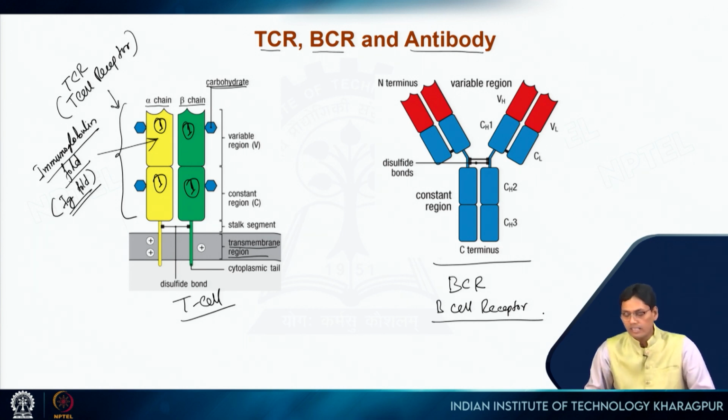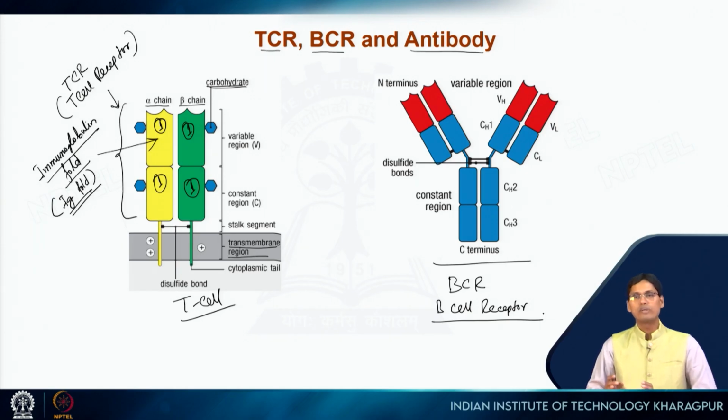So while we are discussing their structural organization, the BCR and the antibody will be similar. Here, as you can see, you have multiple immunoglobulin folds present in this antibody, right? This is a specific type of antibody called IgG.